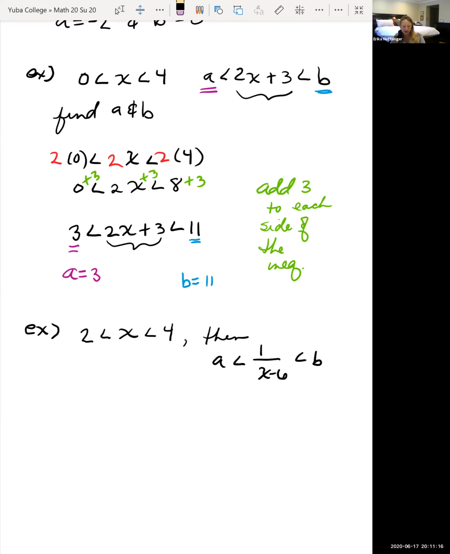Again, we're trying to manipulate what's in between those inequalities, that x. This time we're trying to manipulate it to look like 1 over x minus 6. So any ideas on what we could do to manipulate that to look like this?